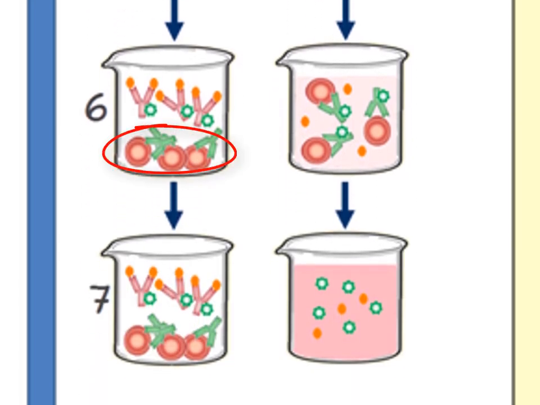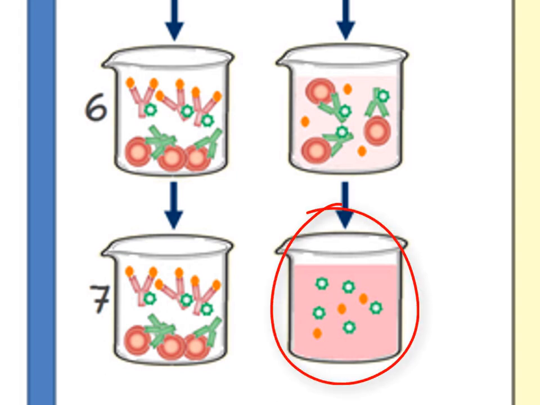However, in the exposed individuals, the sheep antibodies will clump together and precipitate the red blood cells. This is the step labeled number 6. In the non-exposed serum, the complements are freely present and they can react with the antibodies and red blood cell surface antigens. Complement fixation in the non-exposed serum leads to formation of membrane attack complex and as a result perforations of the red blood cell membrane and as a result hemolysis.